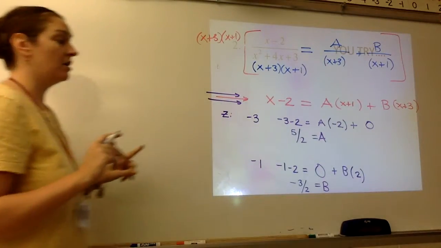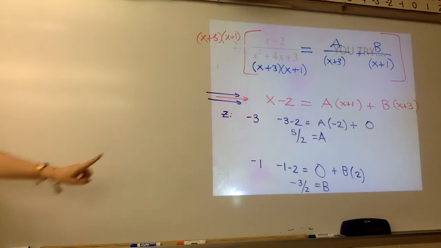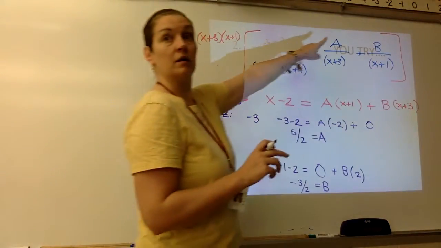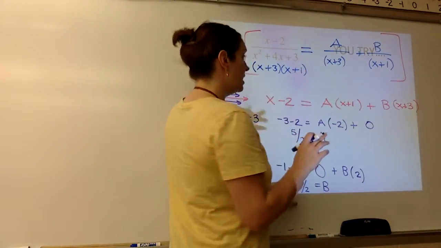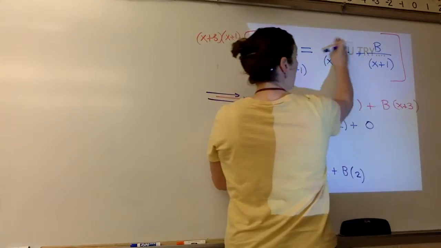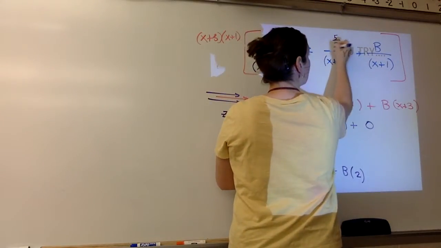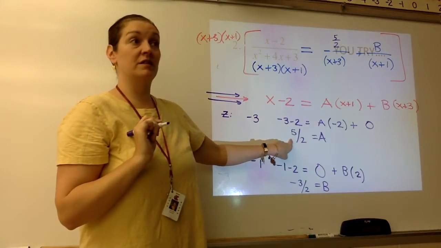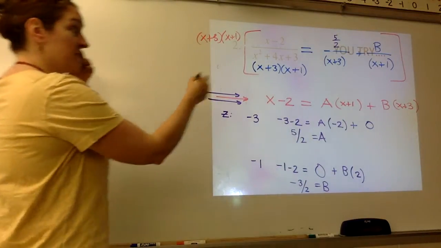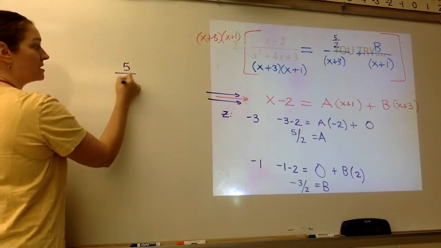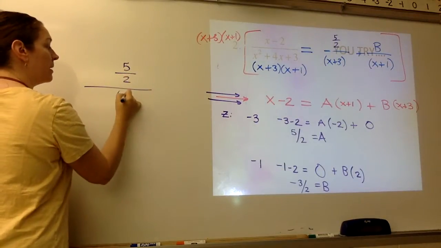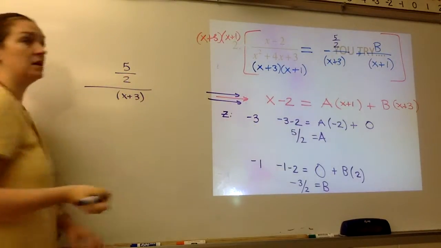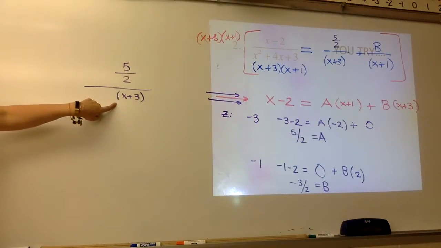And what's important here is the following. When I go back up here, you're going to be inclined to, for instance, for A, to say, oh, okay, this is 5 halves. You can't write a fraction inside of a fraction. So let's take what this is one time to understand the process. 5 halves divided by x plus 3. From the prerequisite unit, what's the denominator of the bottom?